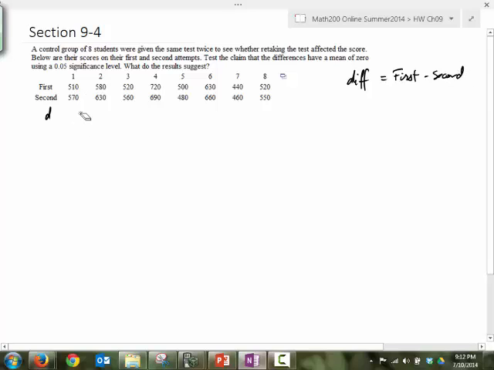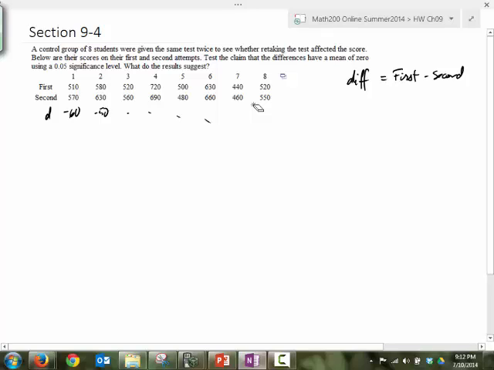This is probably not a good subtraction because I'm going to get a bunch of negative numbers, but I'll do it that way anyway. So negative 60, what's this one? Negative 50. I'm just going to put dot, dot, dot because I'm going to have the calculator do this work for me.